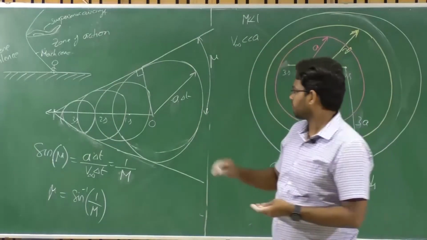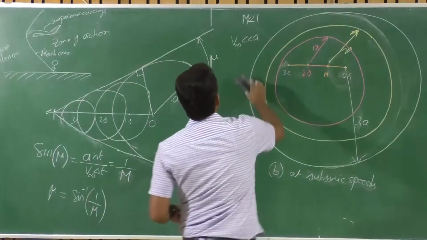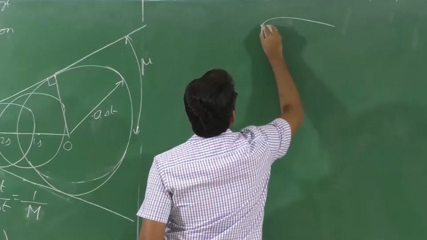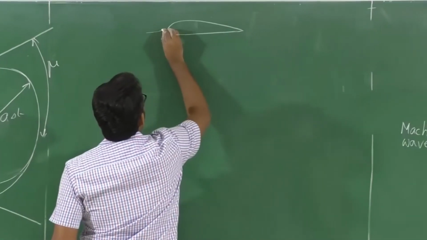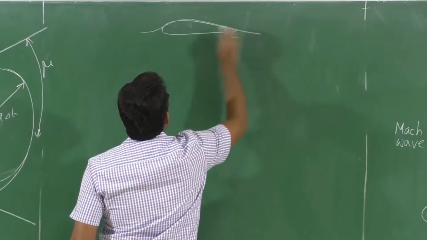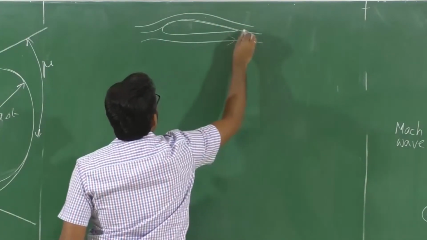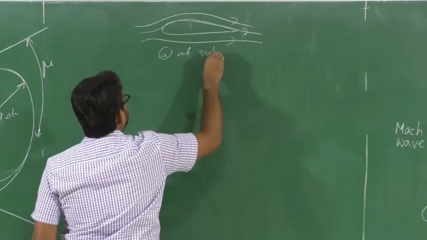So in lower subsonic speeds, the flow will smoothly flow over this object. The fluid elements will smoothly flow over the airfoil at subsonic speeds.